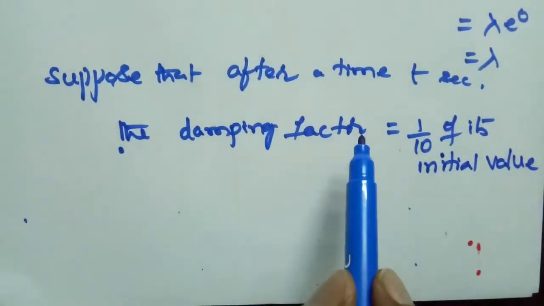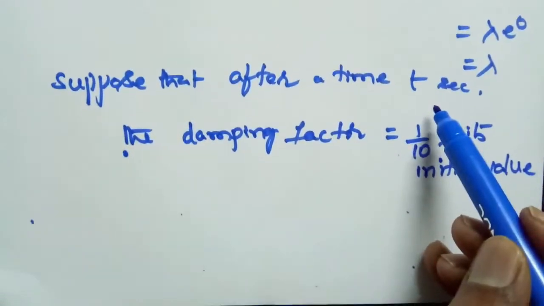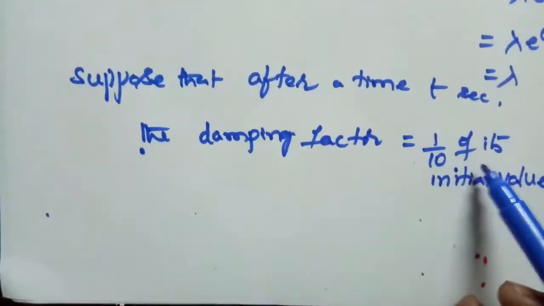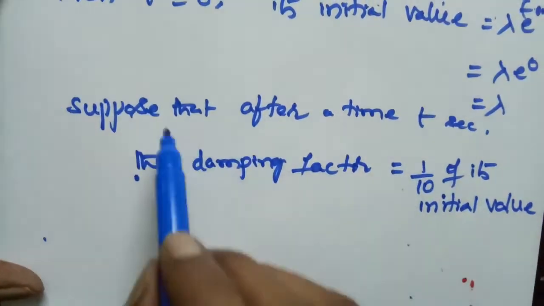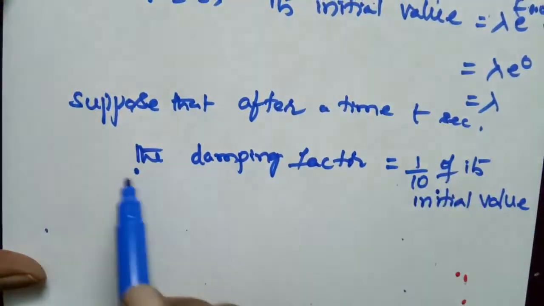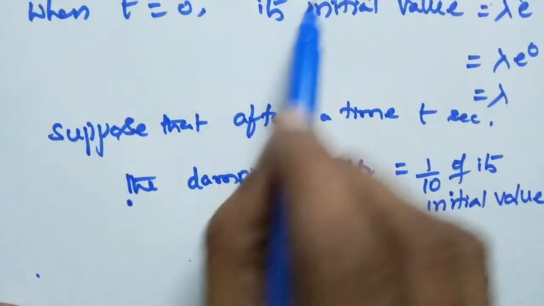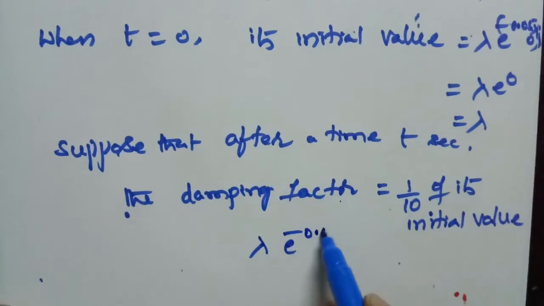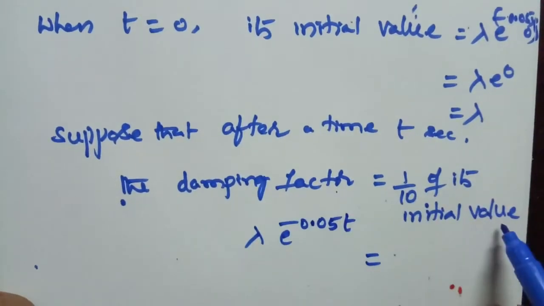So in the given problem, he asked that time when damping factor is equal to 1 by 10 of its initial value. So we are finding, suppose that after a time t, the damping factor is equal to 1 by 10 of its initial value. Damping factor is lambda into e to the power of minus 0.05t is equal to 1 by 10 of its initial value.